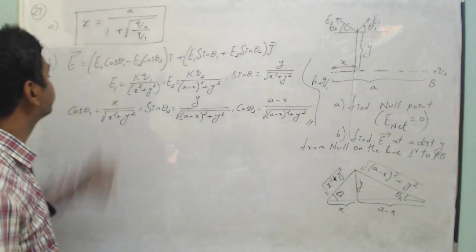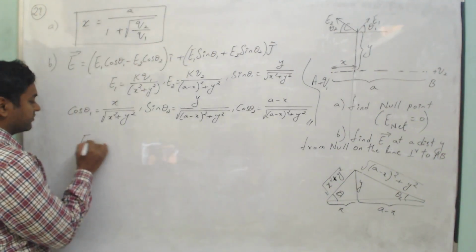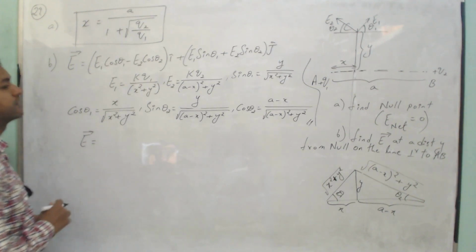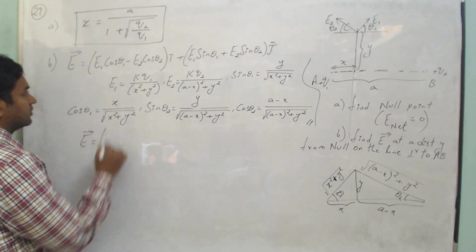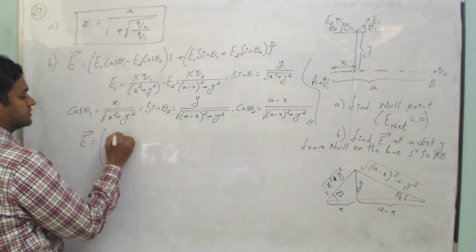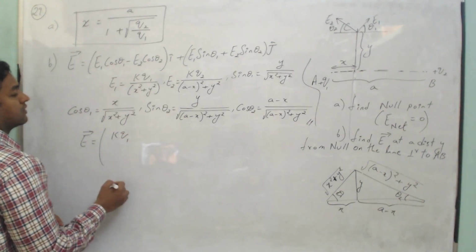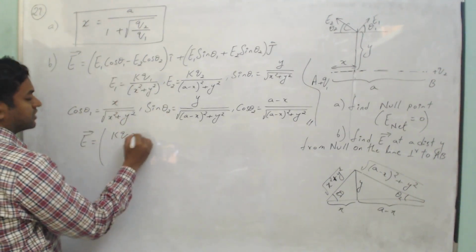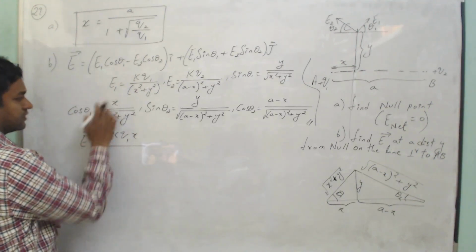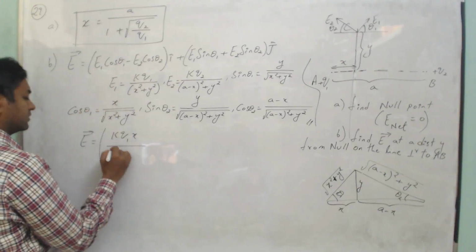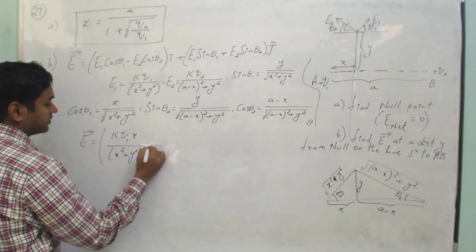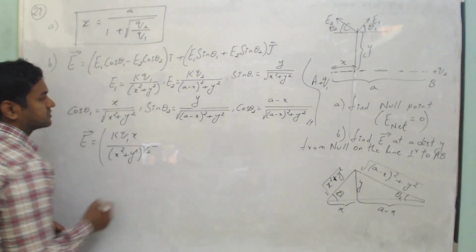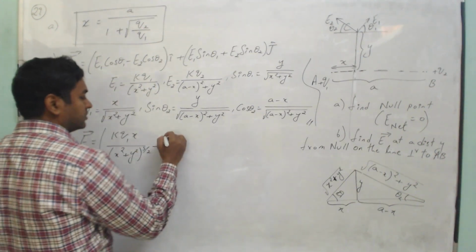So we will substitute this and therefore we get the electric field E bar at point C is equal to E1, which is KQ1 cos theta 1, so I get an x also over here, divided by x square plus y square whole to the power 3 by 2, minus E2, which is KQ2.